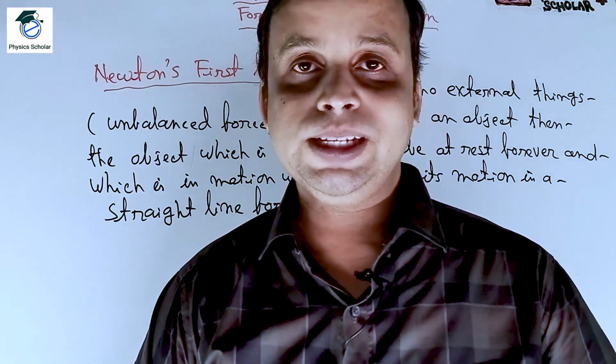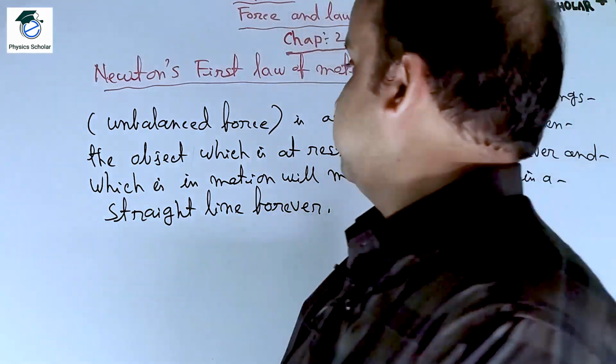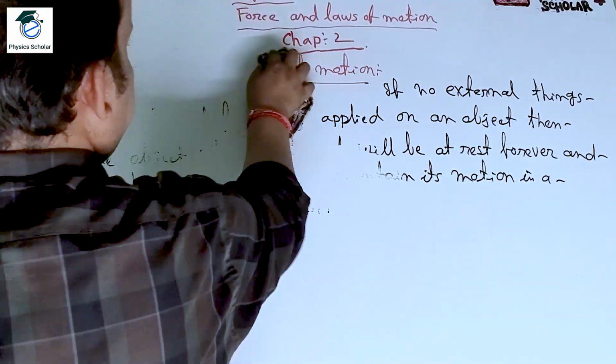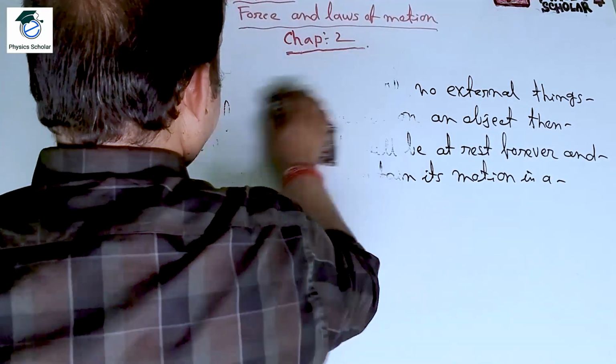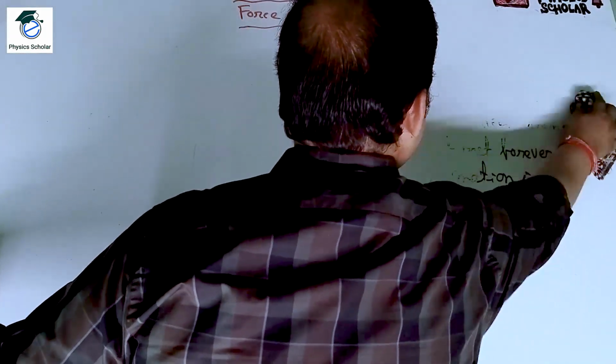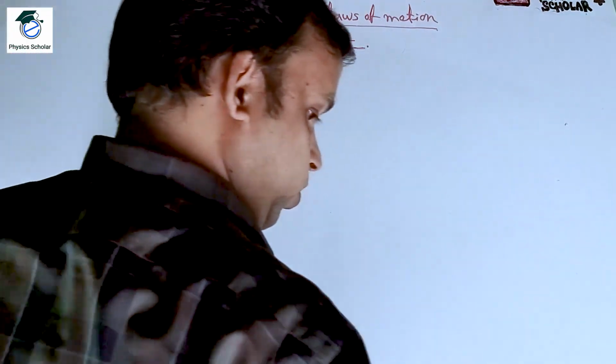Now I will discuss what we come to know from Newton's first law. You can pause the video and copy the law, write it down in your copy, the first law of Newton, or the first law of motion.